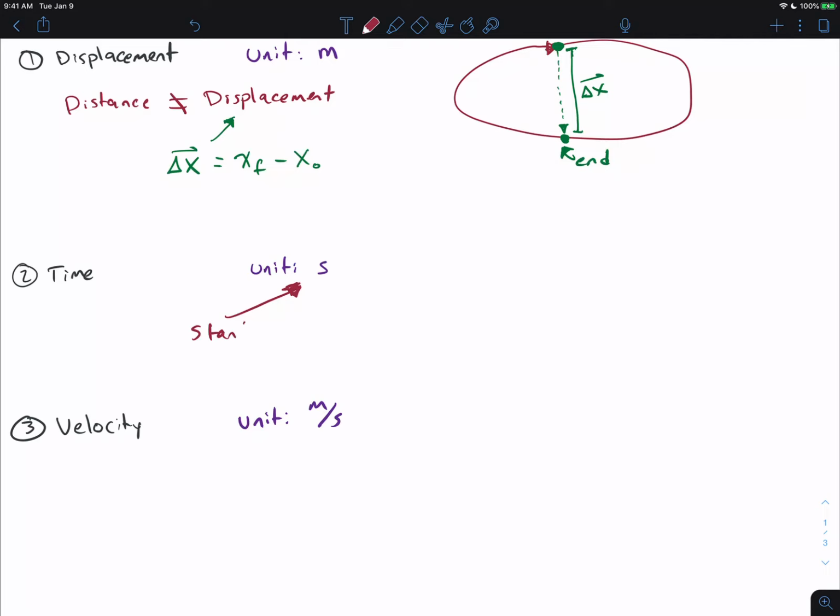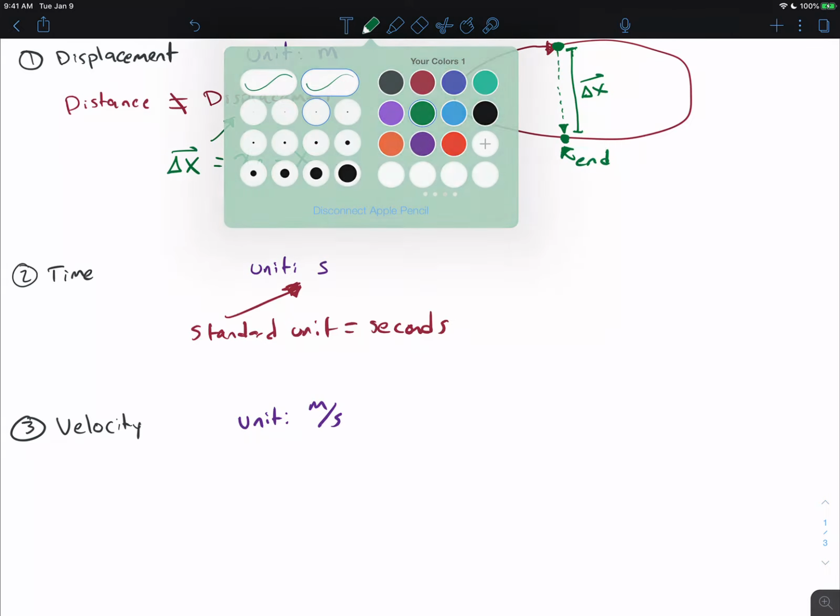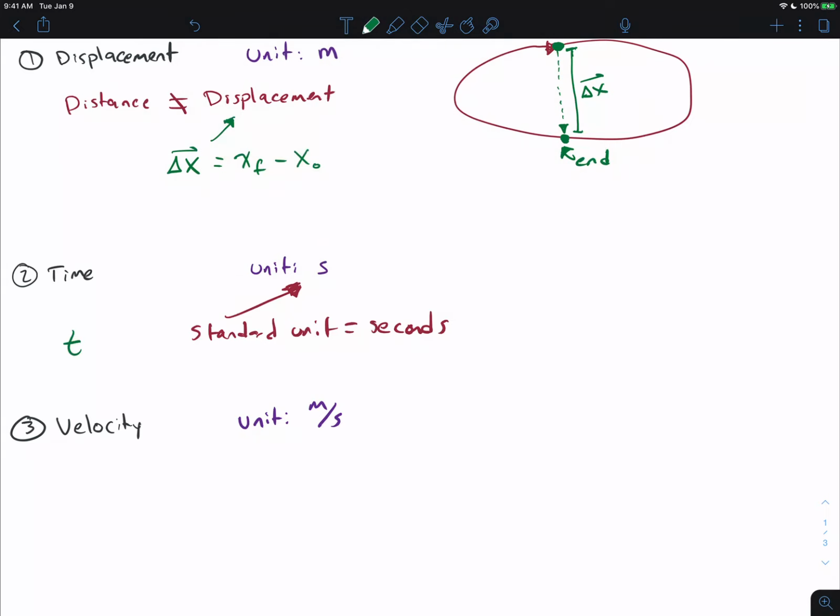So my standard unit is always going to be seconds. Okay? And the variable that you're going to see used for time is just going to be this lowercase t. And you might see this as how much time has gone by.